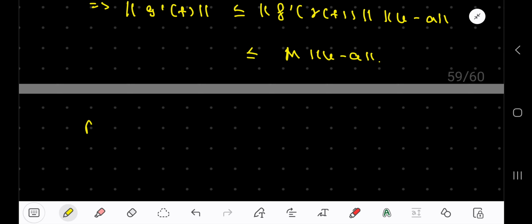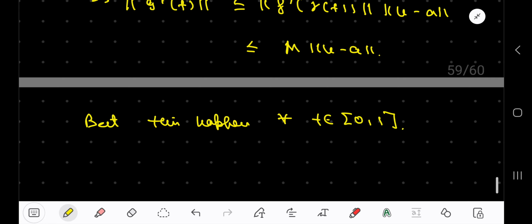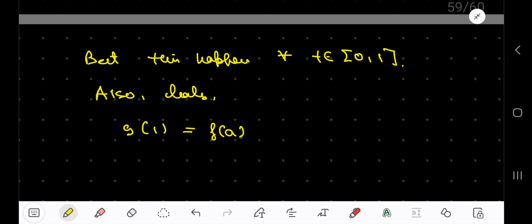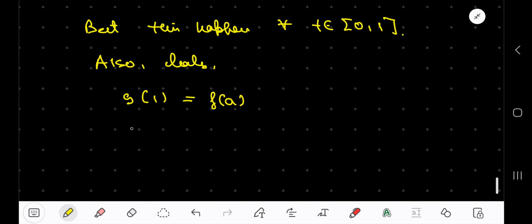But observe, this happens for all t belonging to [0,1]. So if I put t equal to 0 and t equal to 1, clearly g at 0 is f at a and g at 1 is f at b.